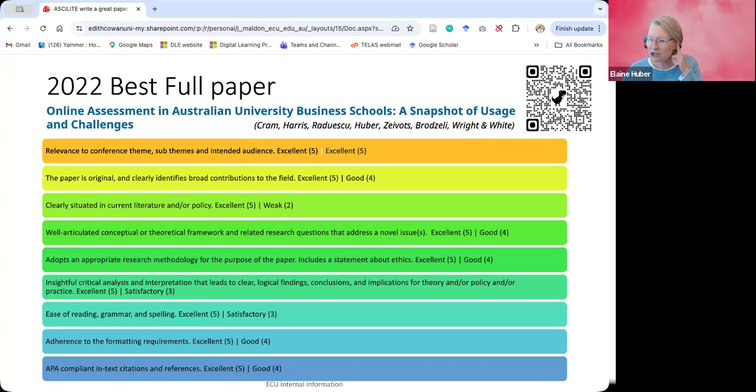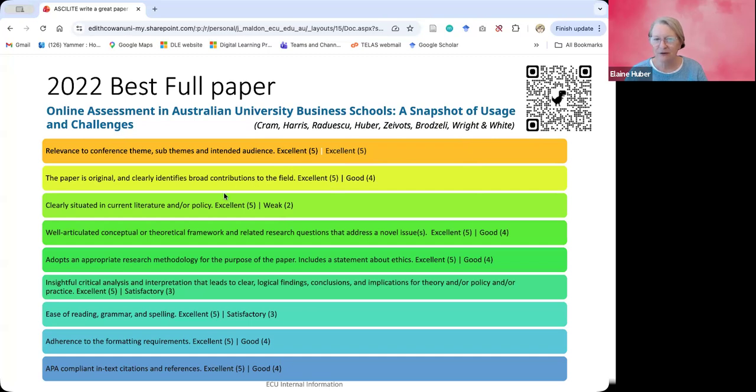What I wanted to share with you today was the kind of feedback we got from the reviewers. All the items in this list were the criteria that the reviewers used to grade the papers, and I've put here the grade we got from reviewer 1 and reviewer 2.